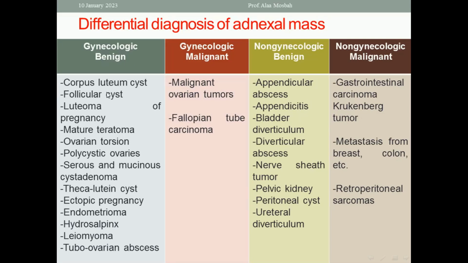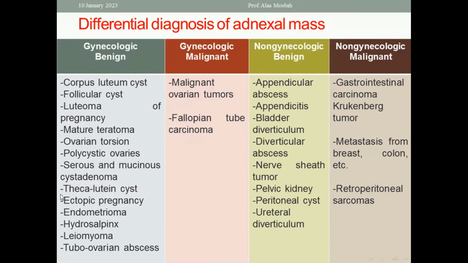Benign ones include functional cyst, corpus luteum cyst, follicular cyst, luteoma of pregnancy, also mature teratoma, ovarian torsion, serous and mucinous cystadenoma, polycystic ovary, theca lutein cyst, ectopic pregnancy, endometrioma, hydrosalpinx, leiomyoma.